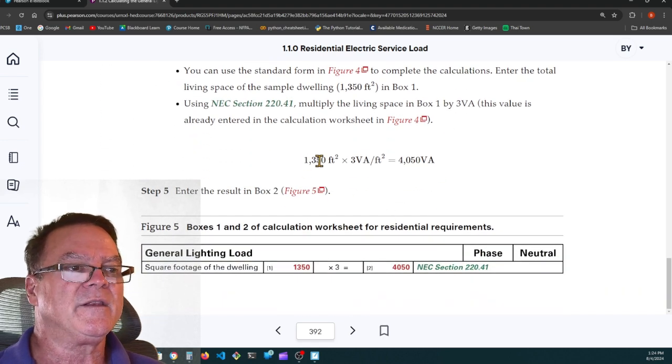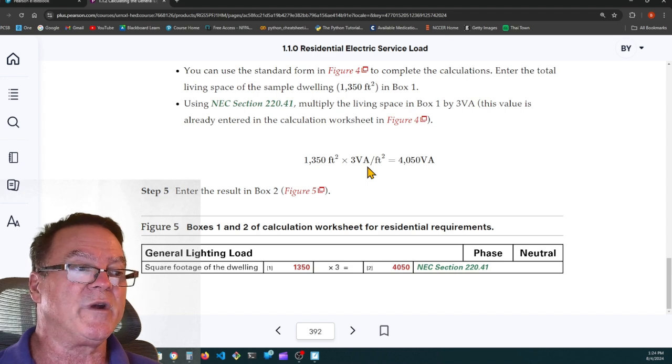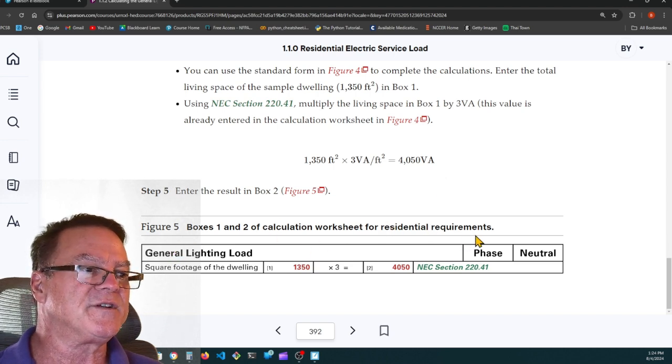So they took that 1,350 square feet of living space times 3 volt amps per square foot as per 220.41, and they got 4,050 volt amps. Boxes 1 and 2 of calculation worksheet for residential requirements: 4,050 volt amps.